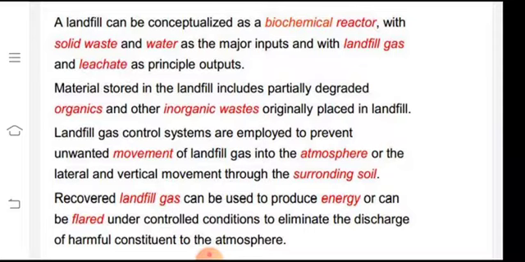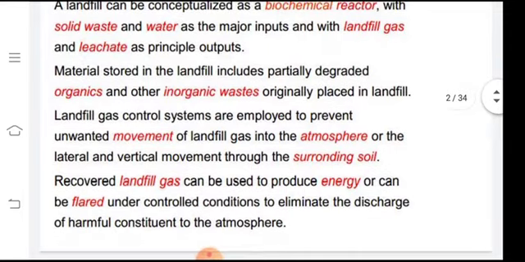Especially in the case of sanitary landfills, when we have sources coming from sludge and from municipal sources, domestic solid waste, all these things definitely contain biodegradable organics.